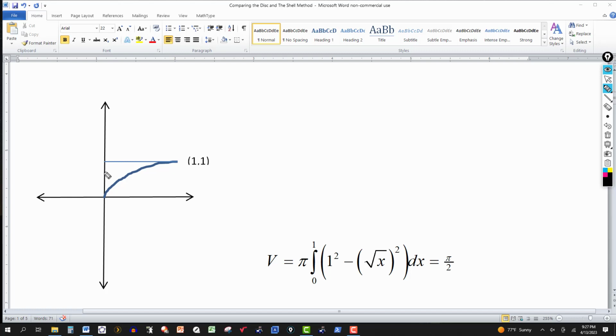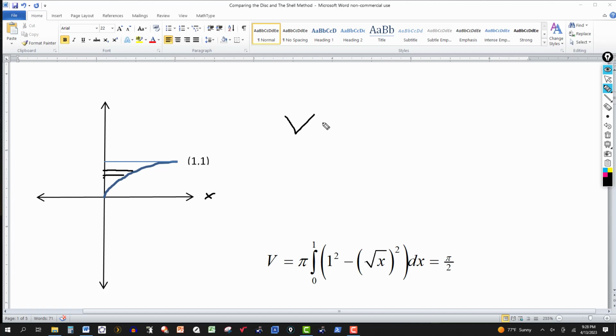If the rectangular strip that you use is laid out parallel to the axis, then it's the shell method. So this would be your strip. Notice the way this is set up, the width of the rectangle is along the y-axis, so the variable of integration is going to be y.